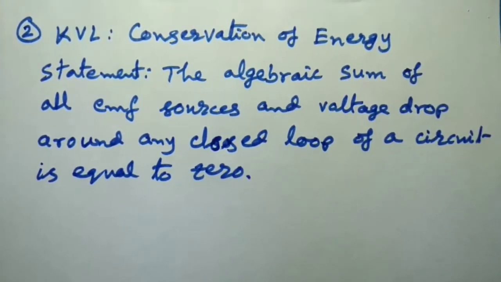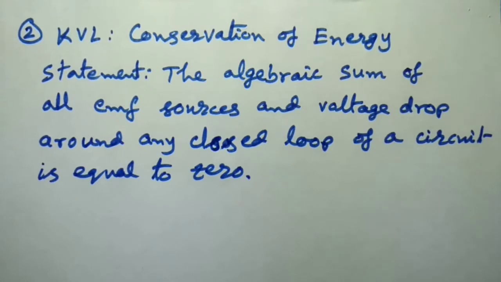So what is the statement? The KVL states that the algebraic summation of all the EMF sources and all the voltage drop around any closed loop of a circuit is equal to 0.